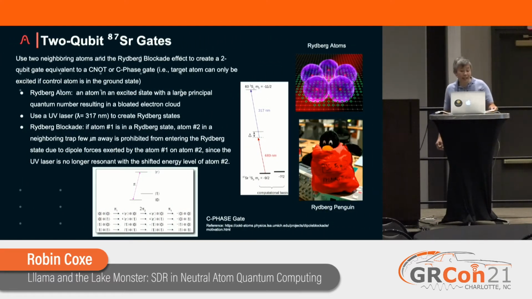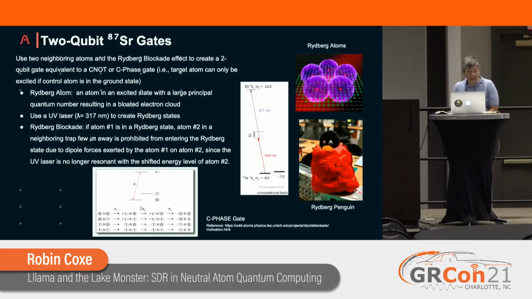For 2 qubit gates, we take advantage of the fact that strontium atoms are so-called Rydberg atoms. A Rydberg atom is one where you can excite the strontium atom to a very large principal quantum number using a UV laser, in this case with a wavelength of about 317 nanometers. The Rydberg atom has a very bloated electron cloud, so the electrons expand out like this.